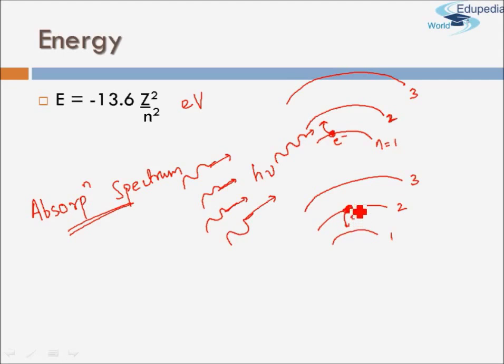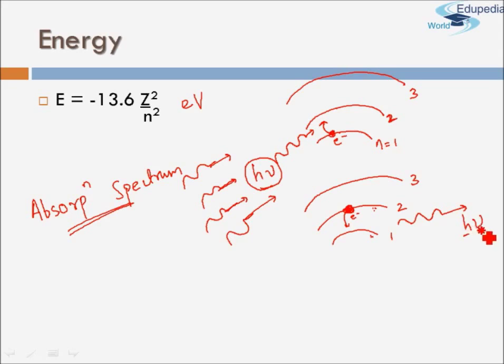To do that, it will emit energy, and it releases it again in the form of photons or electromagnetic radiations. It will release energy equal to the energy difference between the first and second orbit, which is obviously the same as the energy difference which it absorbed in the previous case.